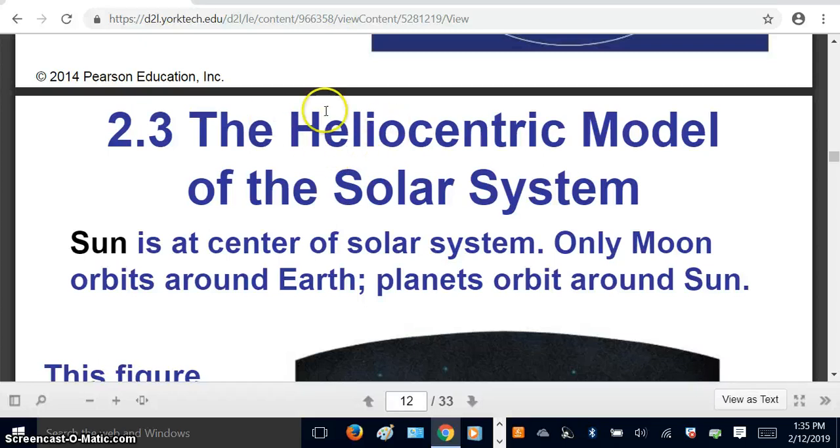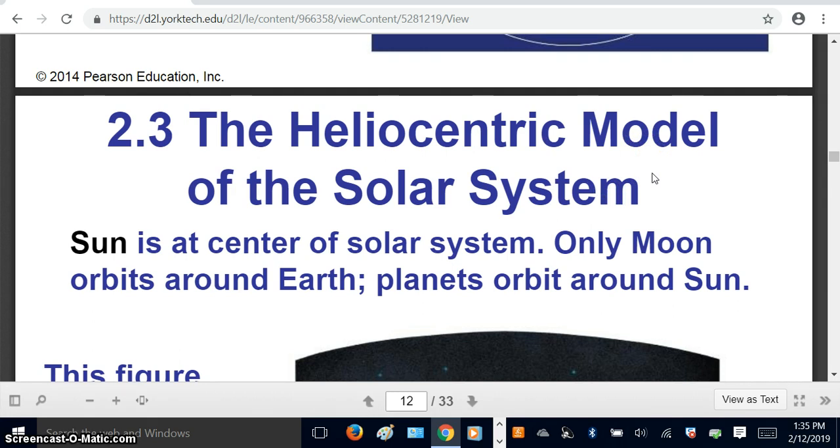All right, so we fast forward to basically the time of the Renaissance, to what's called the heliocentric model. Copernicus is the first one who, in recent times, used this idea that the sun was the center of the solar system.